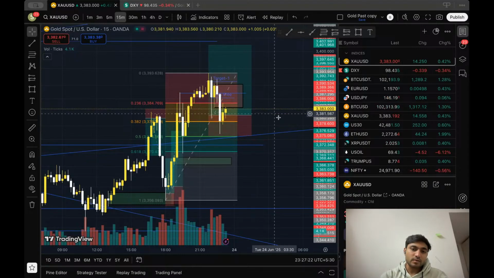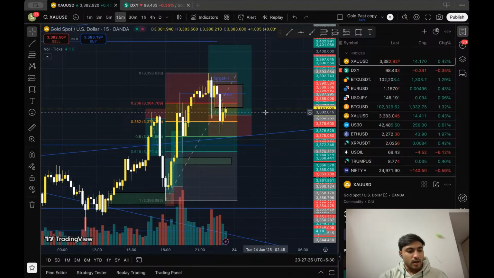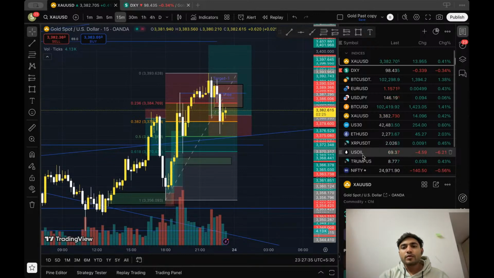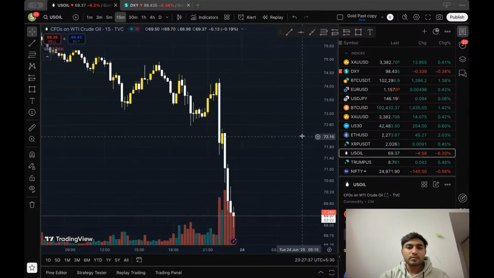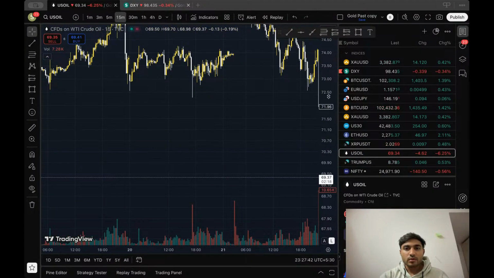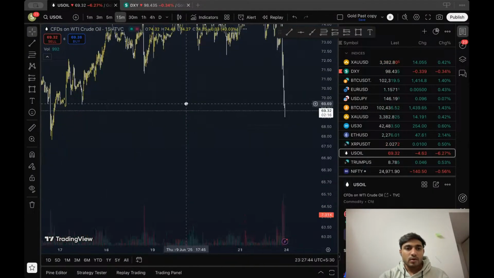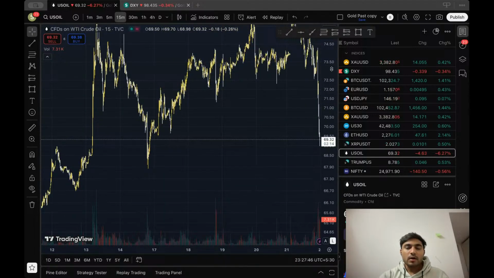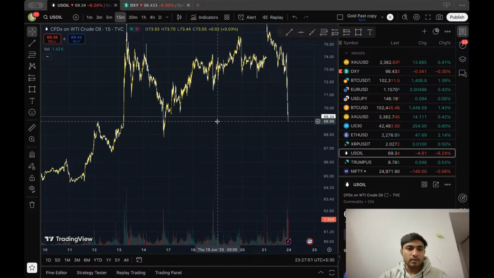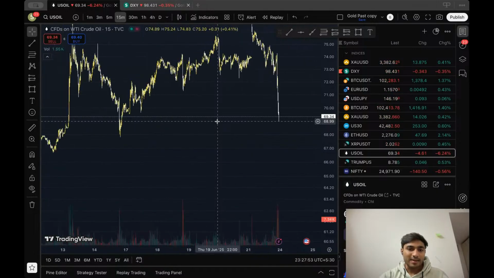What a good trade this one, if you are in this trade. Right, we have some move in oil. Nice, nice move in oil, no? I don't trade oil, of course not, but it could take from here. Okay, it's already doing that.